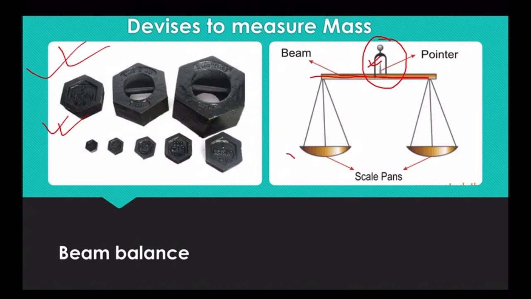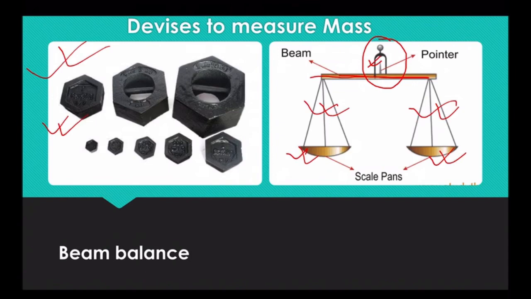Then we have two pans made of the same material, same size, same weight, and they are suspended with strings. And remember, students, the length and mass of each and every string should be the same.